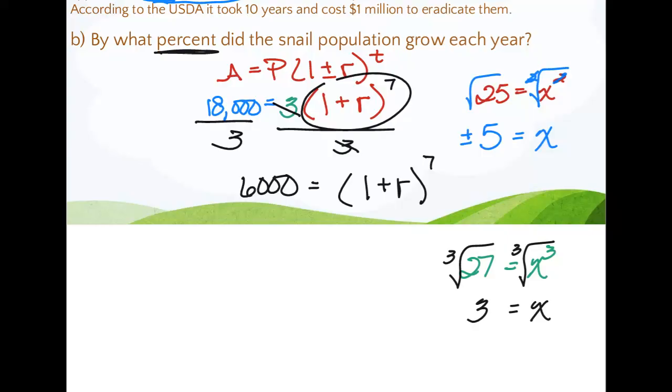Here, when you take something to the 7th power, let's pretend that's x to the 7th power. So we would take the 7th root, meaning what number times itself 7 times gives you 6,000. Question.